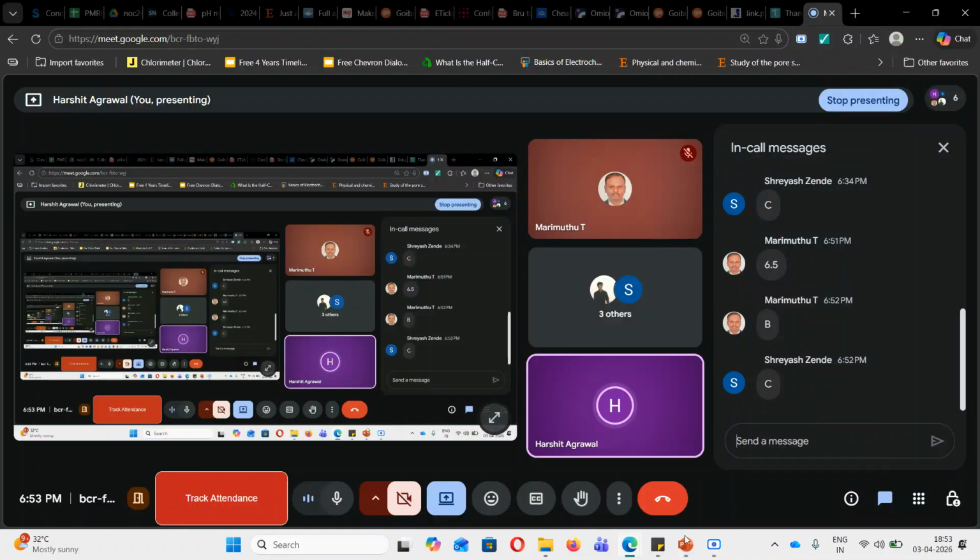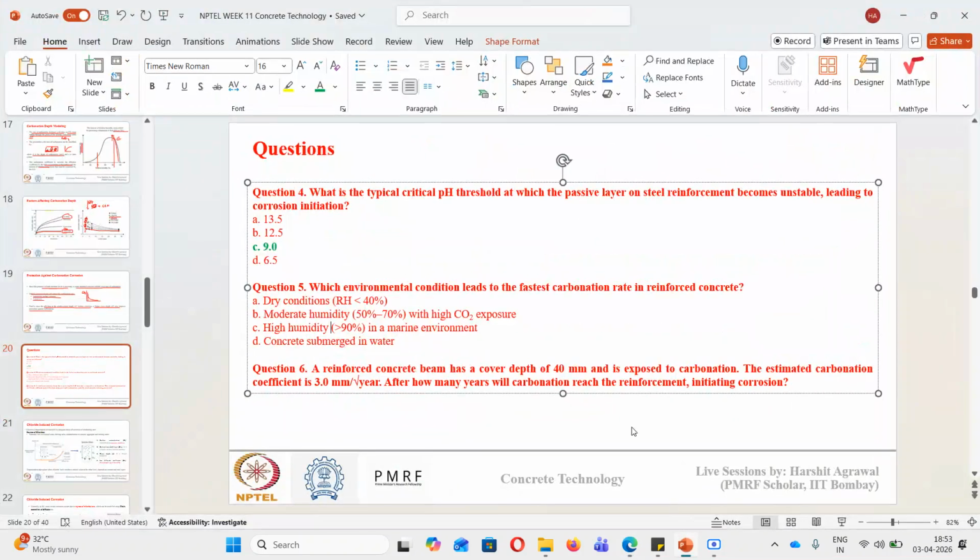Any idea? The correct answer is B. At moderate humidity there is enough moisture and enough air for CO2 to interact with moisture and form carbonic acid initially, and for CO2 to ingress also.